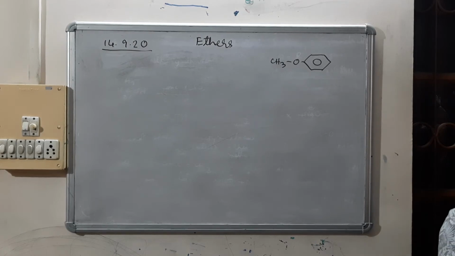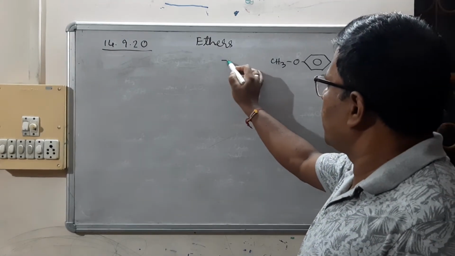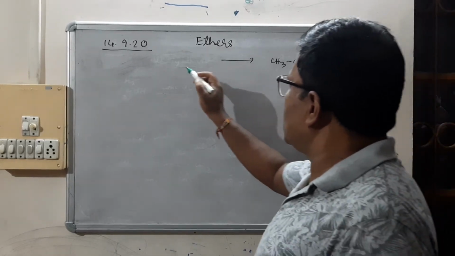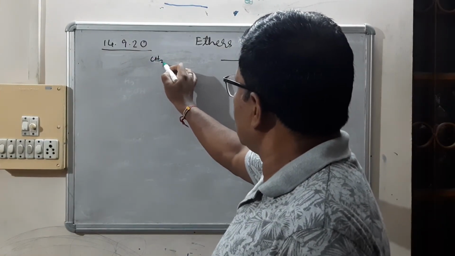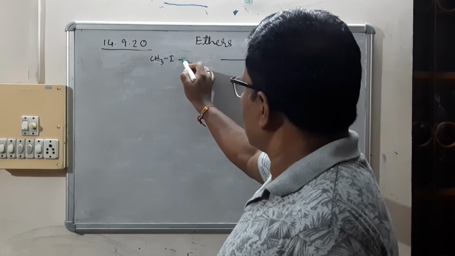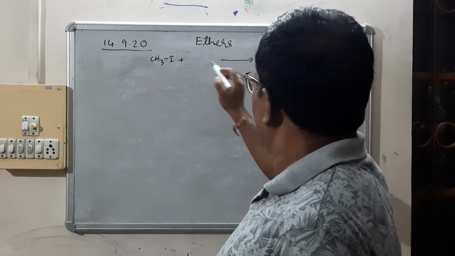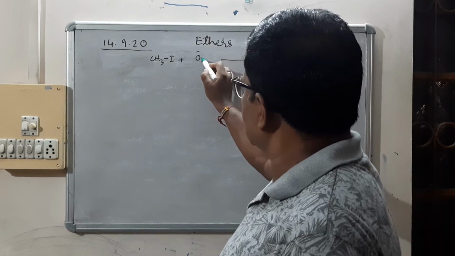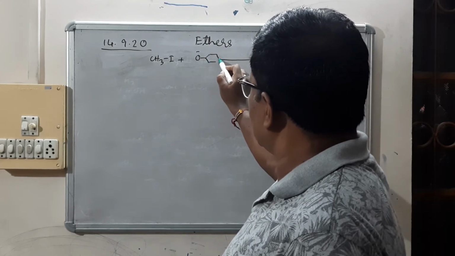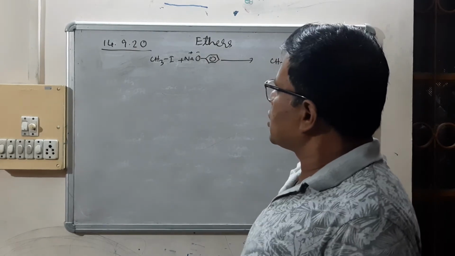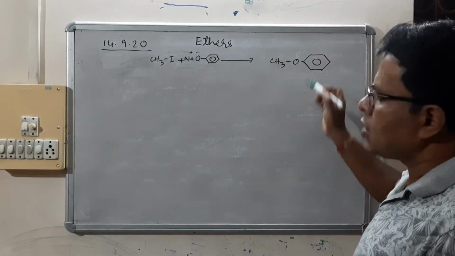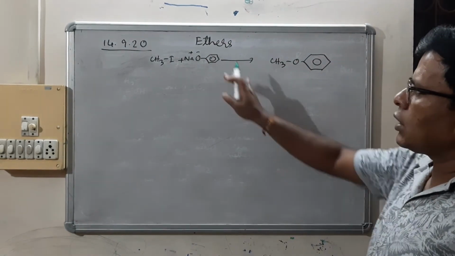So what should be the reagent that you will be taking? Obviously the reagent will be CH3I, primary, and the alkoxide ion will be O minus benzene ring Na plus. So this will give us this phenolic ether. It cannot be the other way around.